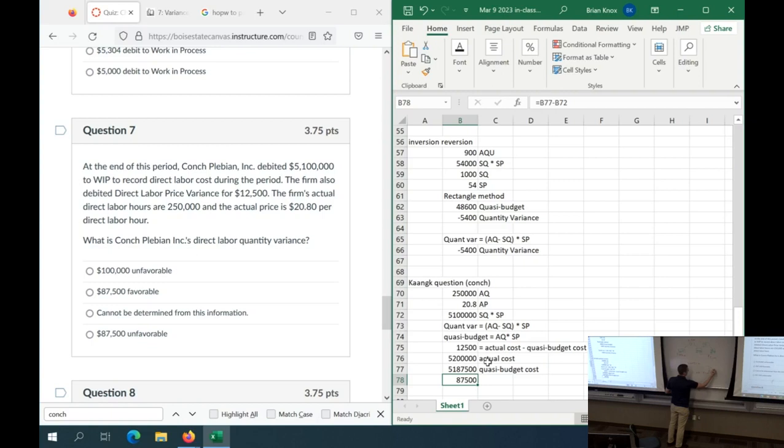We have to add a debit of 100K between the two variance accounts. This is $12,500. We debited to. Okay, so what's left? 100,000 minus the 12.5, 87.5 thousand has to be the debit here.